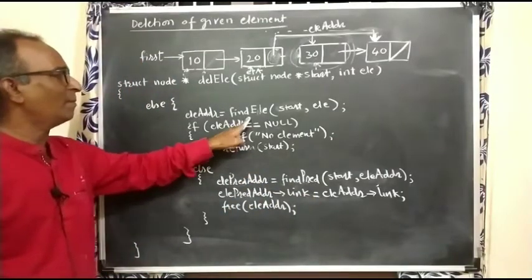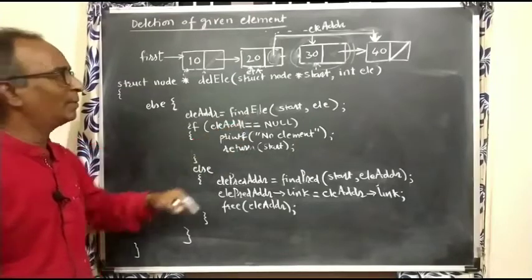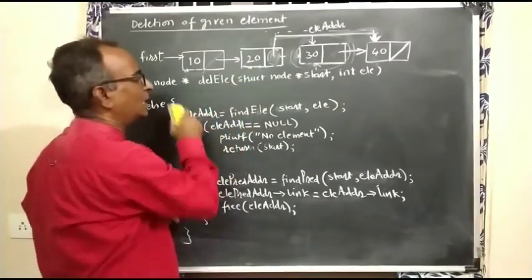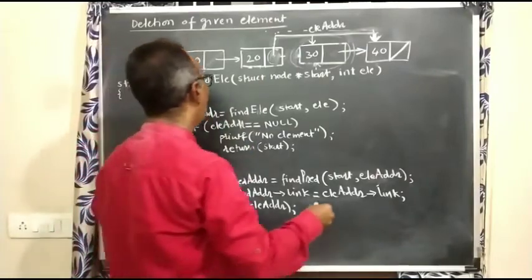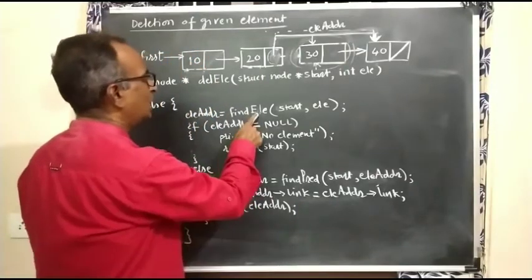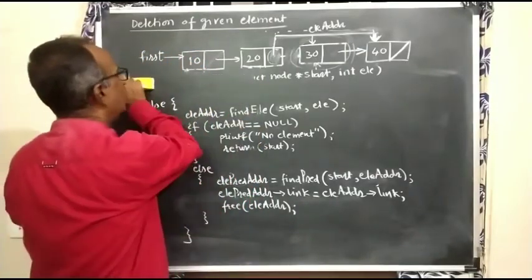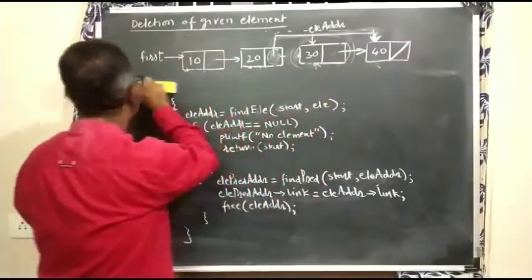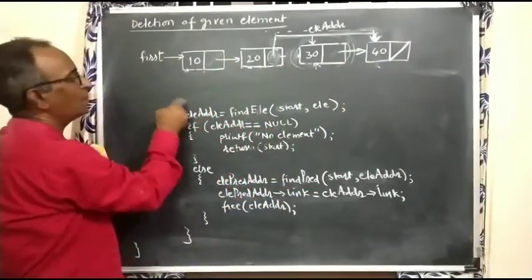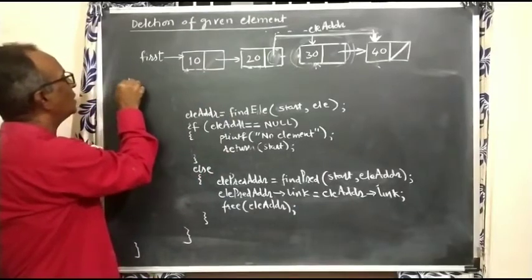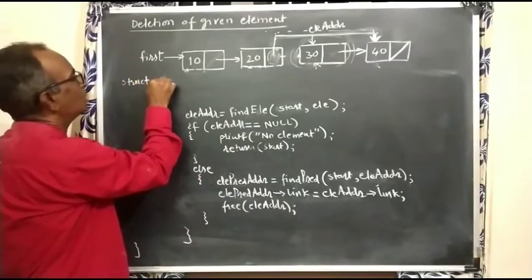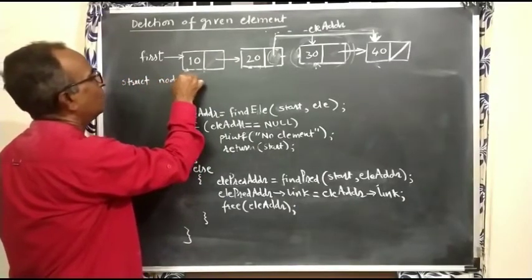It is very easy. Find element, I want to write. I'll give only one example of find element. How will find element do it? See, this signature, we will write this signature first, and then I'll explain how to write this. What is it returning? Struct node star, right?